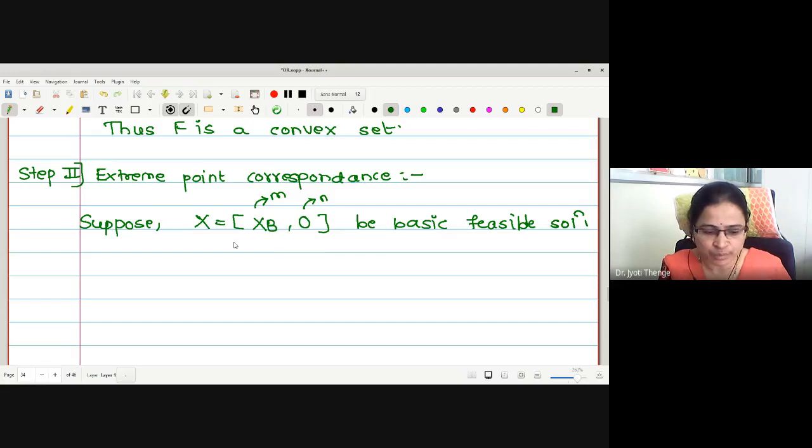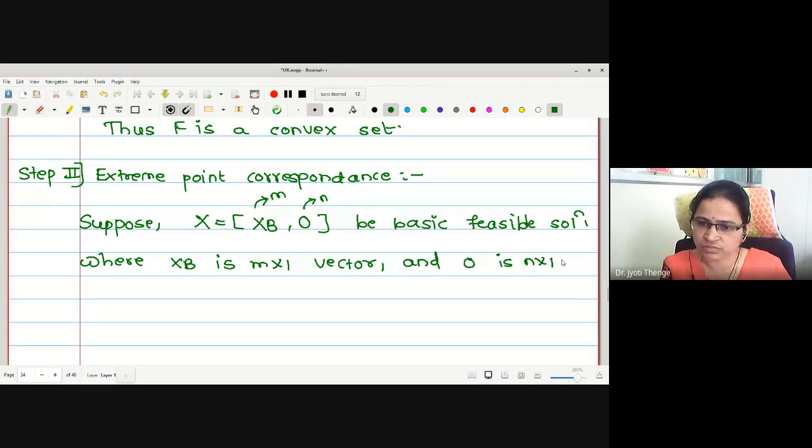This is a basic feasible solution where XB is an m cross 1 vector. m cross 1 means it is a column vector. And 0 is an n cross 1 vector.